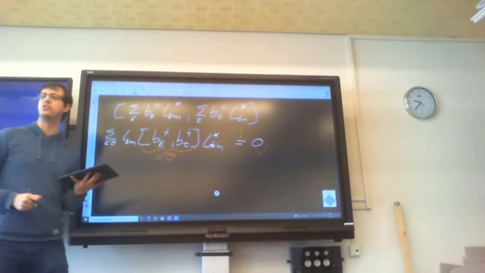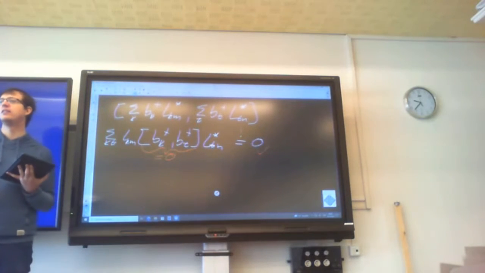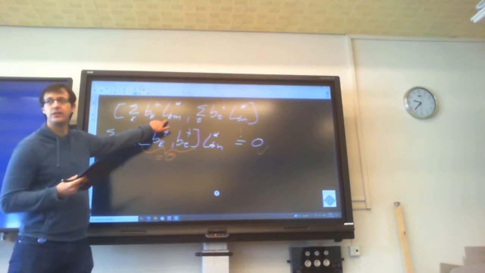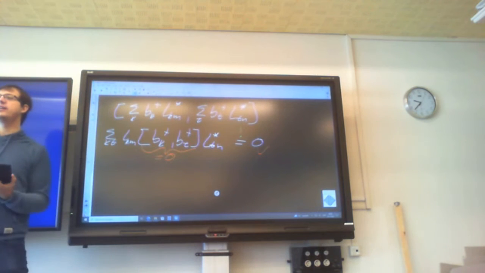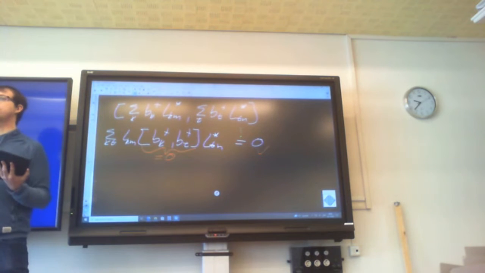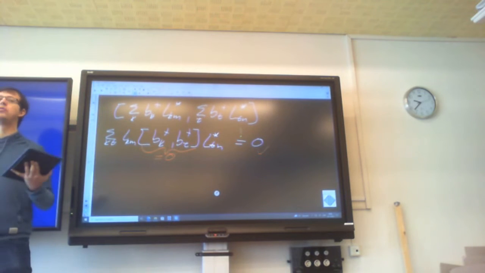Yes? Why can you take the L operators out of the commutation? This one here? Yeah, so here we assume that this L_KM is just a scalar. And in this sense, you can just pull it out.